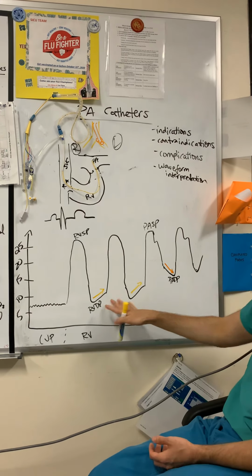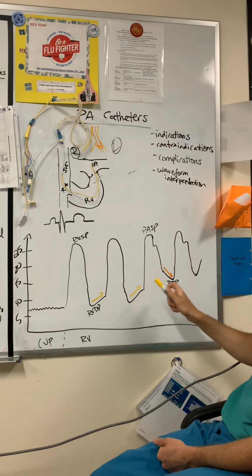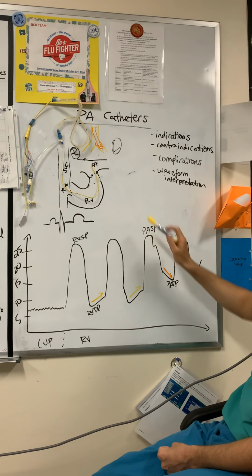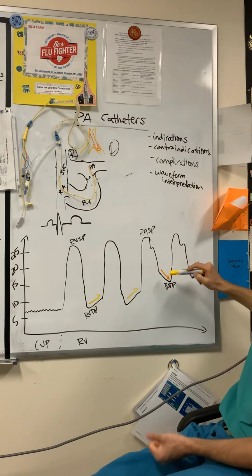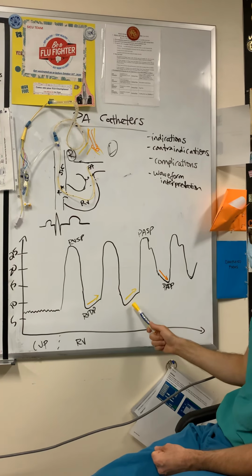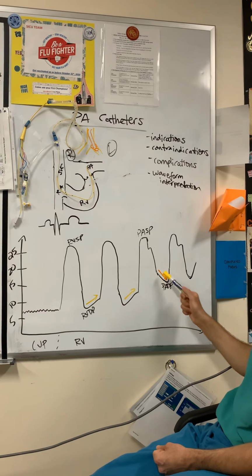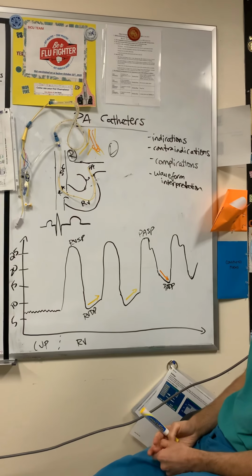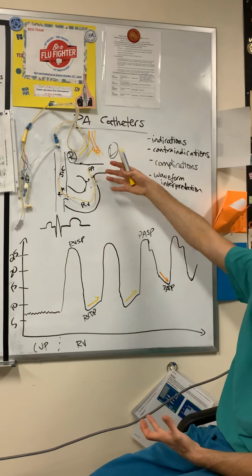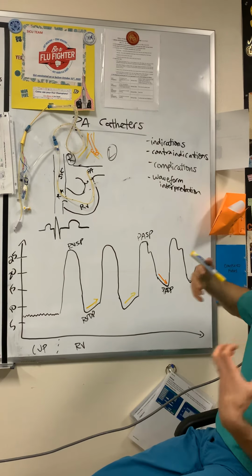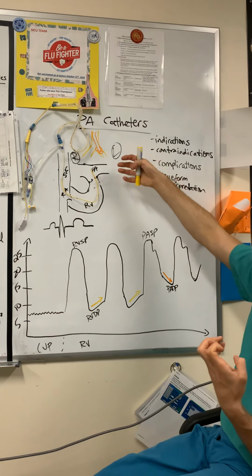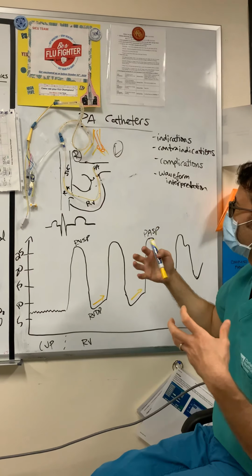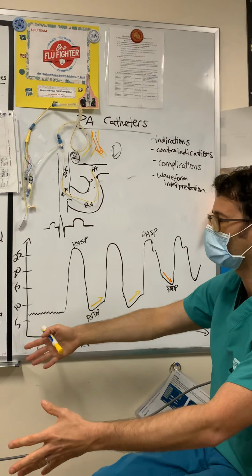So there's several things that change. To summarize, as you go from RV to PA, you develop a dicrotic notch having to do with the pulmonic valve. Your diastolic flow goes from upsloping to downsloping, and you have a diastolic step up, because the goal of the pulmonary artery is to maintain pressure, to capture a volume of blood with each systole, and to maintain that pressure so that it can feed forward that blood.